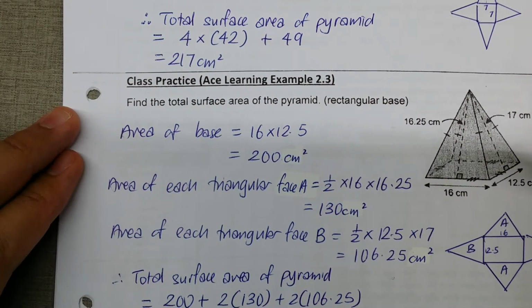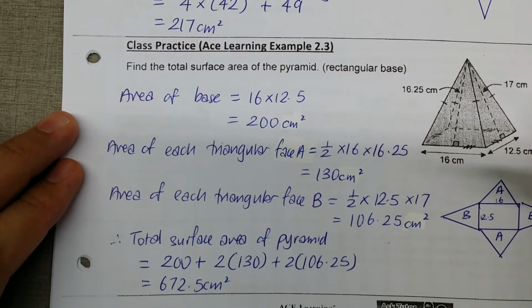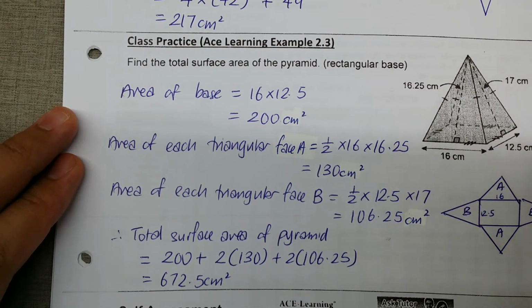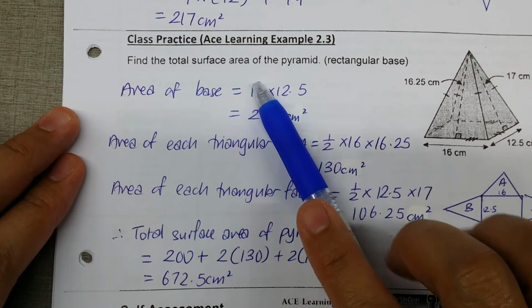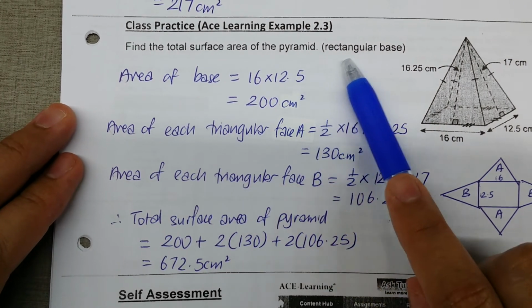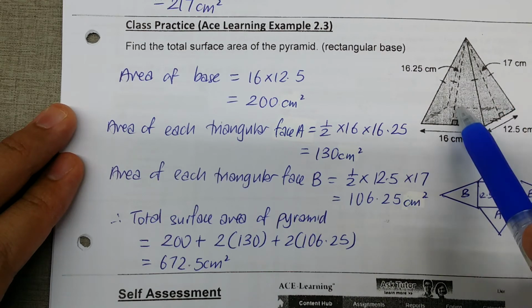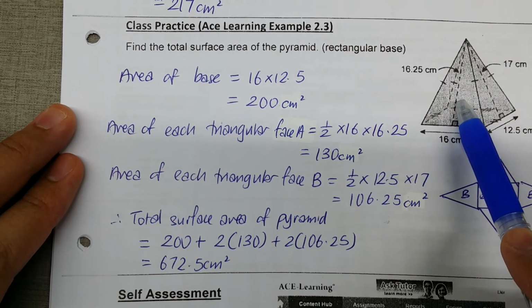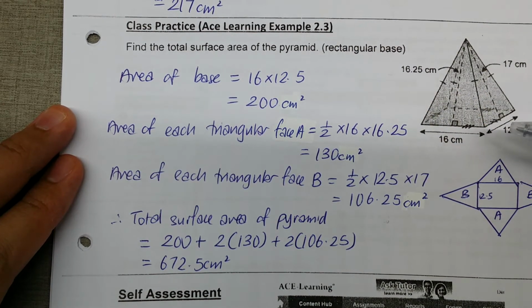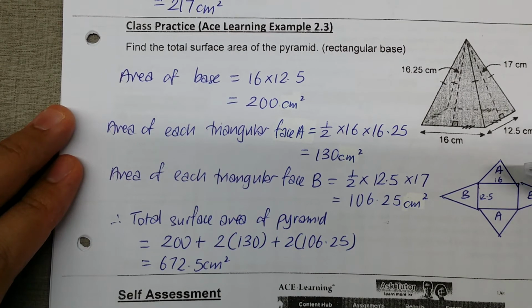Class practice, ACE Learning example 2.3. The video is also on ACE Learning. Find the total surface area of the pyramid. Rectangular base. So with a rectangular base, does it mean that all the triangles are the same? No, the triangles are different. So Mr. Liu labels A, B, B. Triangle A, these two are the same.